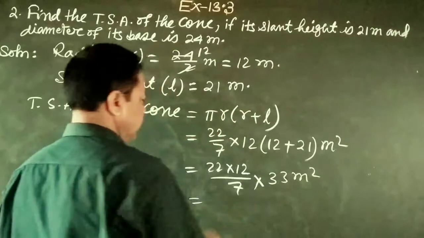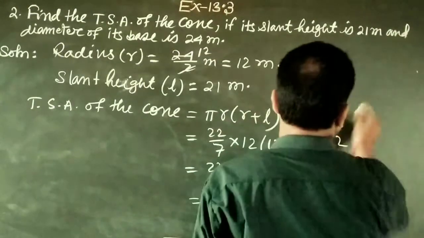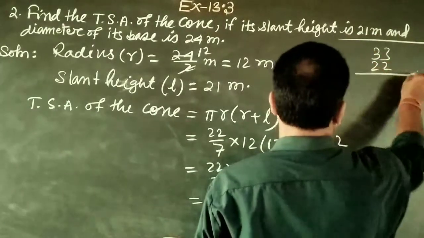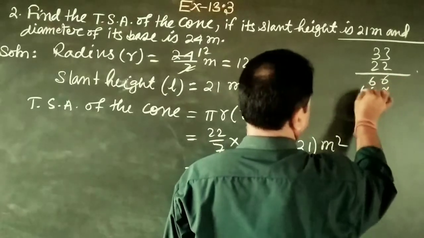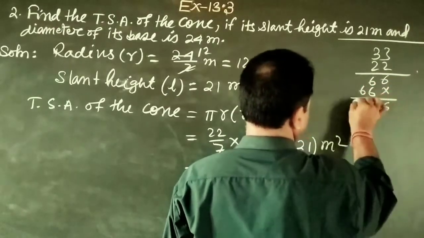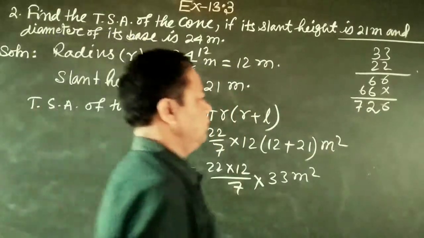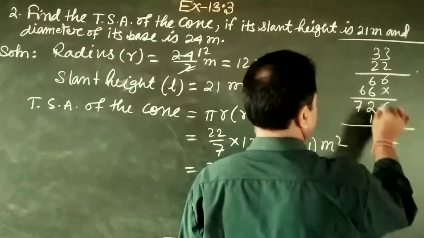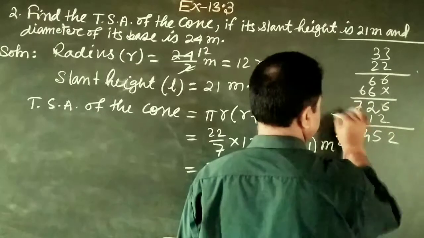So we need to multiply and divide. 33 into 22: 2 threes are 6, 2 threes are 6, 726. Now we need to multiply it by 12. 2 sixes are 12, 1 carrying, 2 twos are 4 plus 1, 5, 2 sevens are 14.